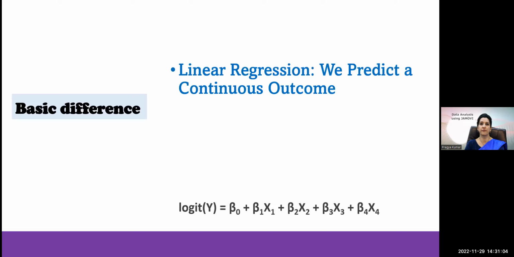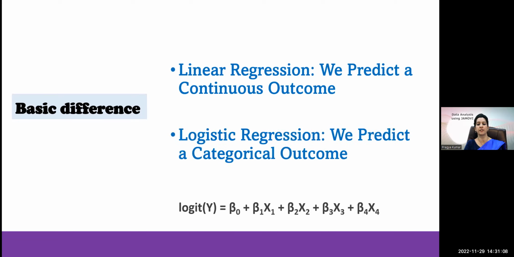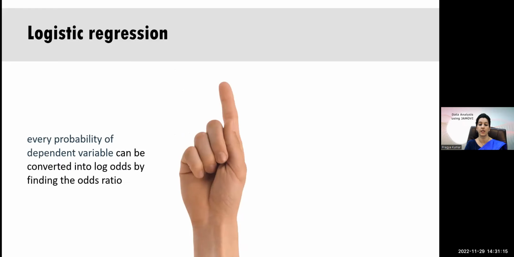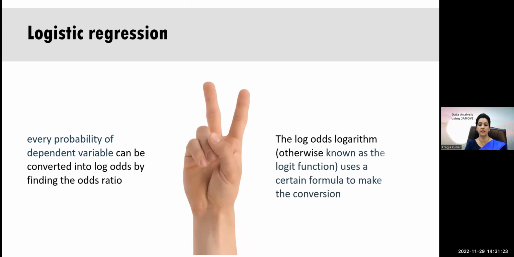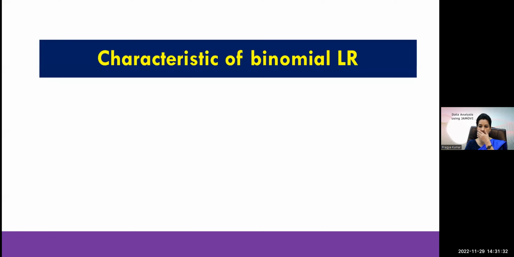So the basic difference, again one summary point: in linear regression we do a continuous prediction, and in logistic we predict categorical. In logistic regression, every probability of a dependent variable can be converted into log odds by finding the log odds ratio. That log odds algorithm, also known as the logit function, uses a certain formula to make this conversion.